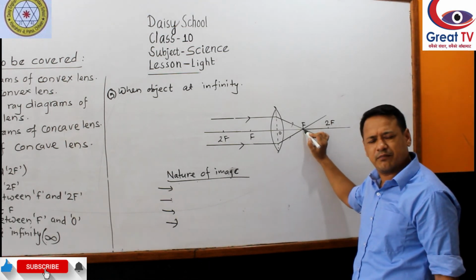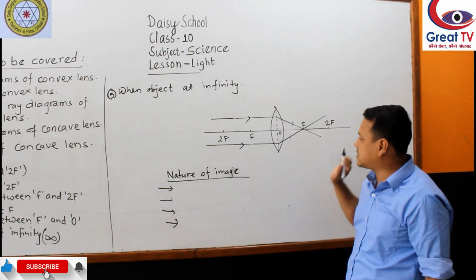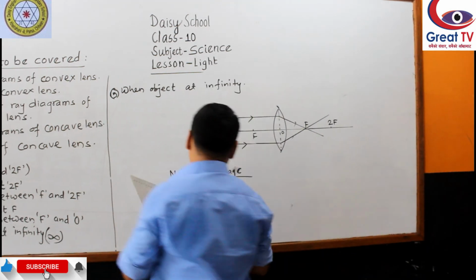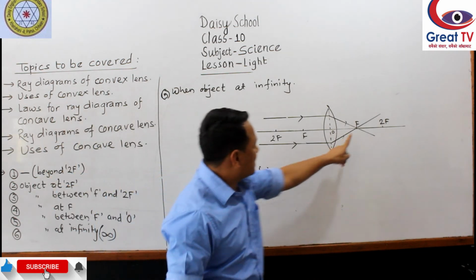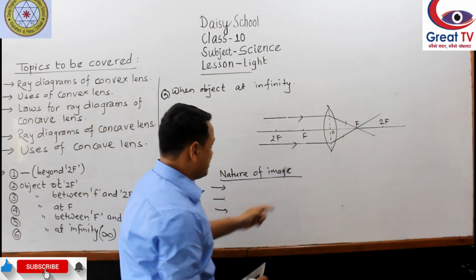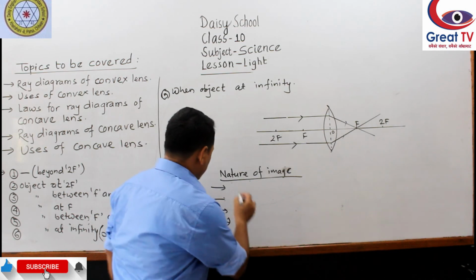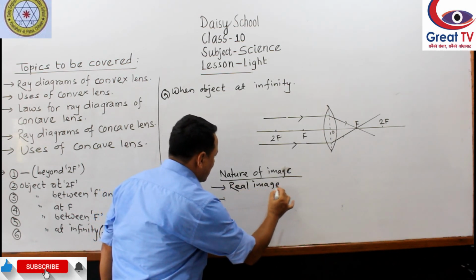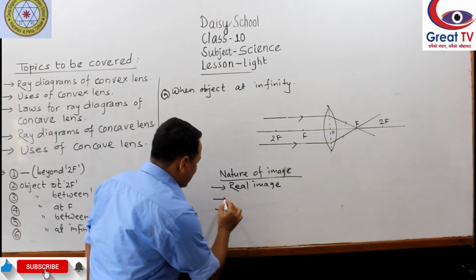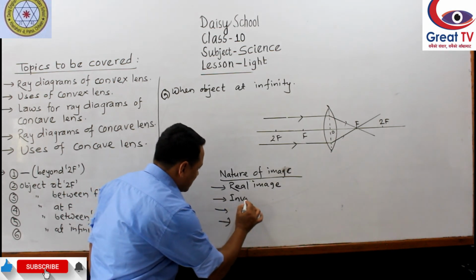So a very small image forms at that time. Nature of image: object is on this side but very far, but image is at the F. So real image on the other side of the lens. Real image is always inverted image.